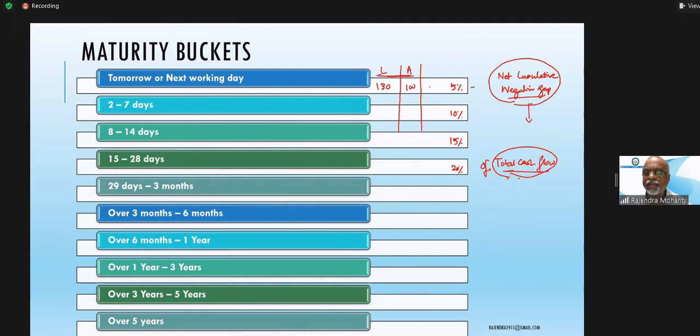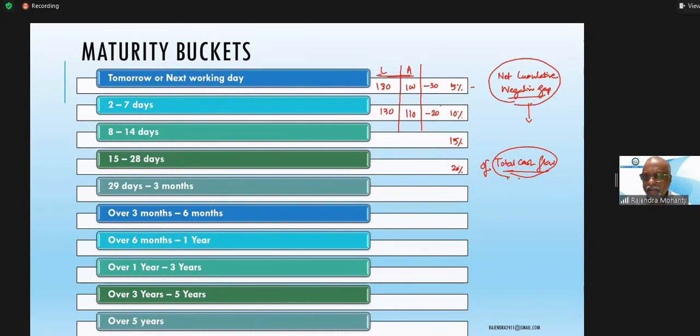So what is the gap here? Gap is minus 30. Suppose next day I have a liability of again say 130, asset of say 110. That means I have a gap of minus 20.